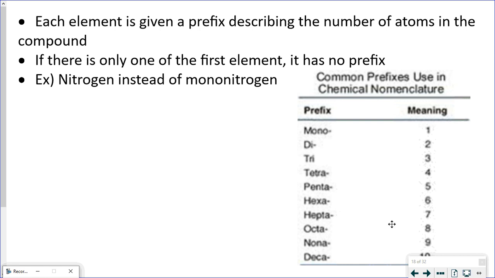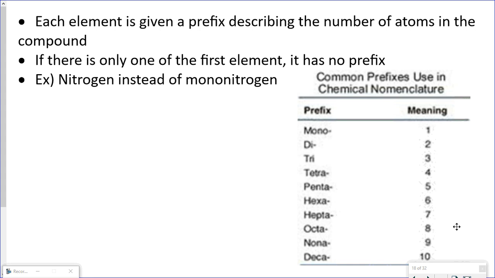Make sure that you go and review the first 10 prefixes. This we're going to use consistently with our different naming types, at least for molecular compounds. So mono means that there's one of that element. Di means that there are two of that element. Tri is 3.